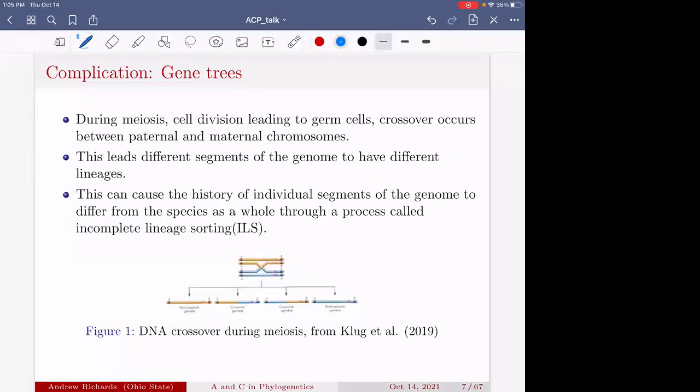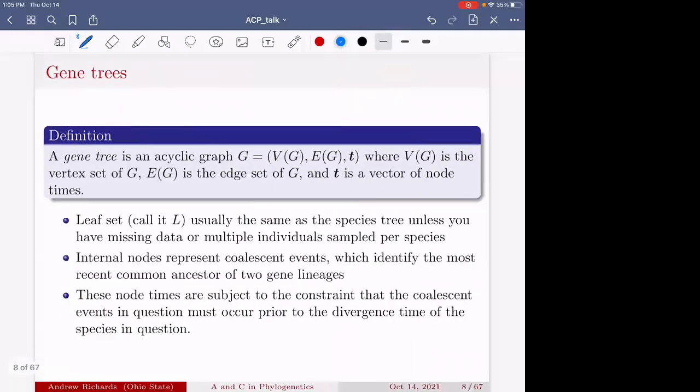The history of these individual parts of the genome is described by what we call gene trees, where once again, a gene tree is an acyclic graph consisting of a vertex set, edge set, and node times.